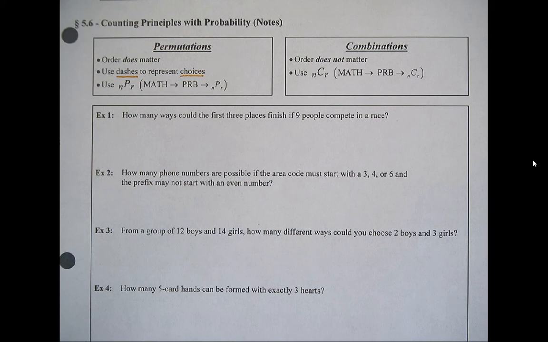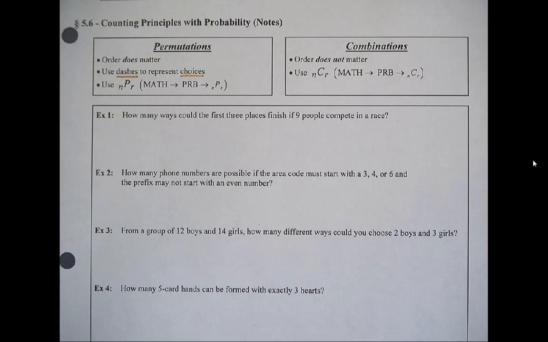Well, that's different if Usain Bolt gets first versus if Usain Bolt gets second. I could change that and say, how many ways could the medal winners finish if 9 people ran at the Olympics? See how that's different. Now, if Bolt gets first place, or second place, or third place, that's all counted the same way.